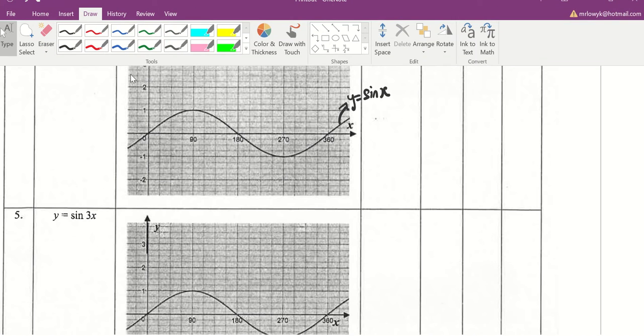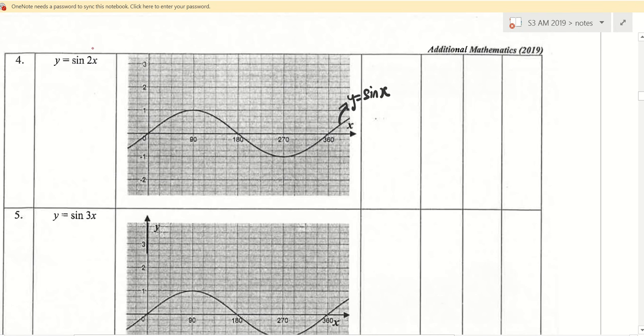Now I change the color to red. So sine 2x, this 2x means there are 2 cycles in 360 degrees. If you want to write down, the 2x is inside the sine, not outside. Outside means the amplitude was times 2.